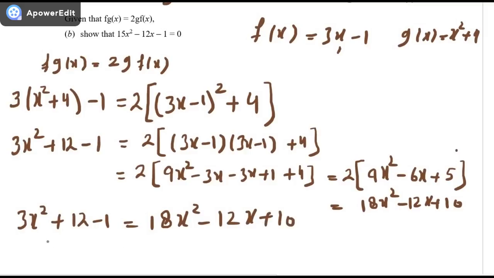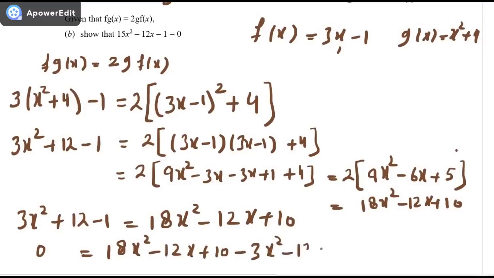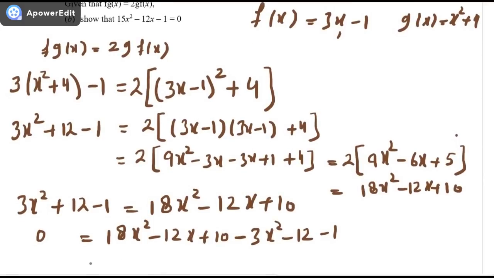So I'm going to put all this on this side, then this becomes negative, so this becomes 0 here, and this is going to be 18x squared minus 12x plus 10 minus 3x squared minus 12 minus 1. So 18 take away 3, like terms, is going to be 15x squared minus 12x.